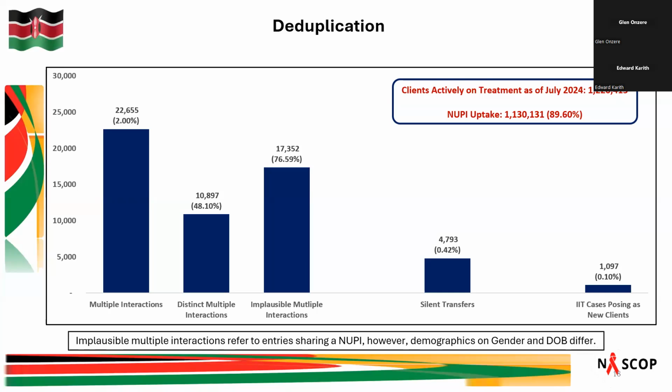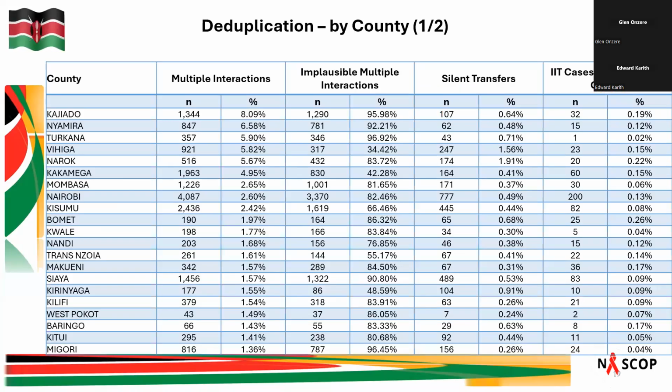When we break this by county, next slide, we see that Kajiado is ranking at the top for multiple interactions. It has the highest proportion of multiple interactions among those issued with NUPI, at 8%, and 95% of them are implausible.